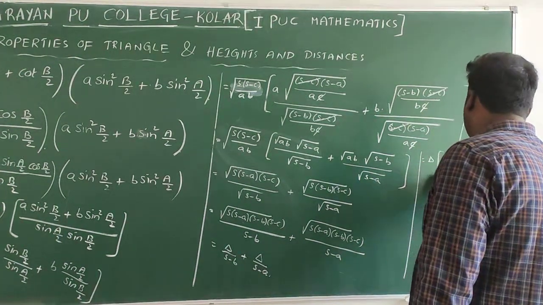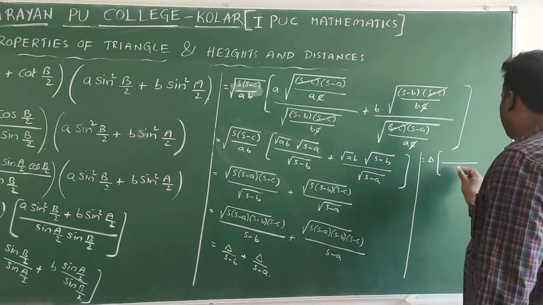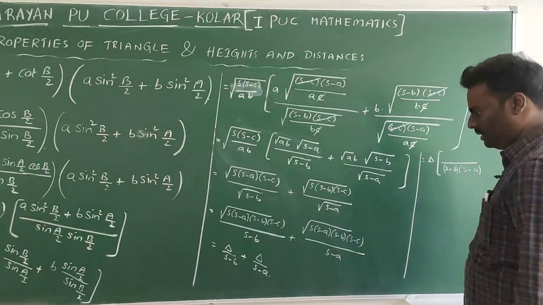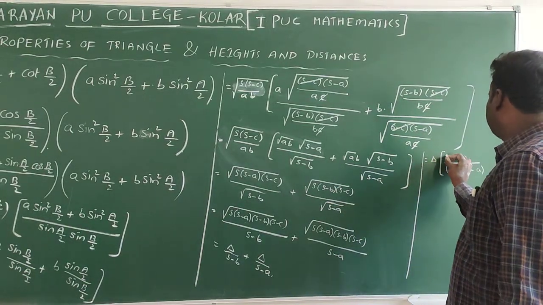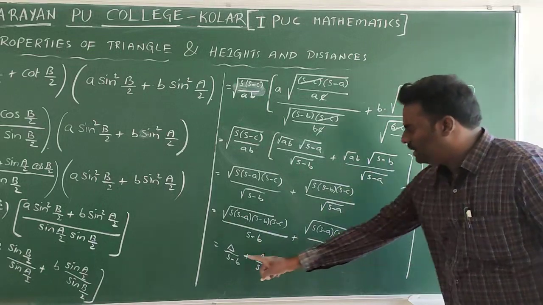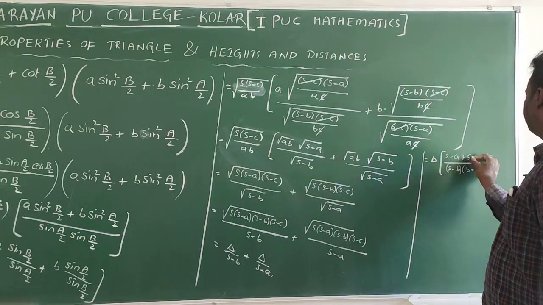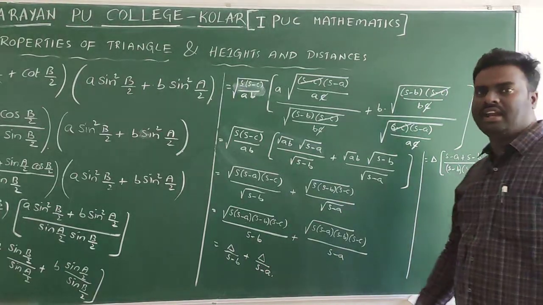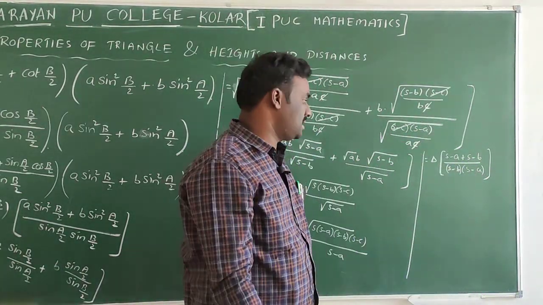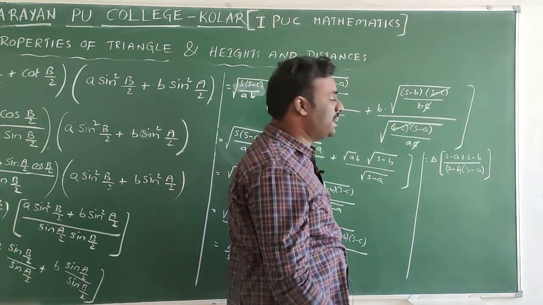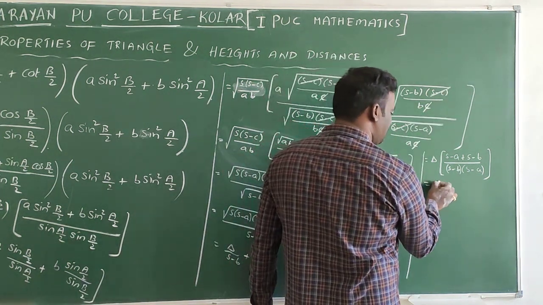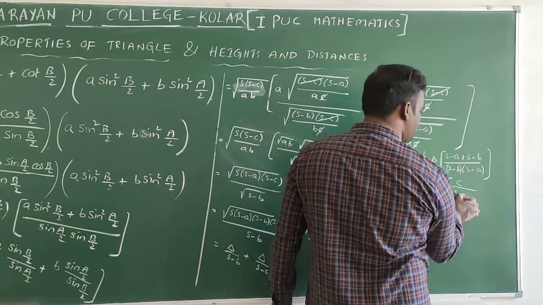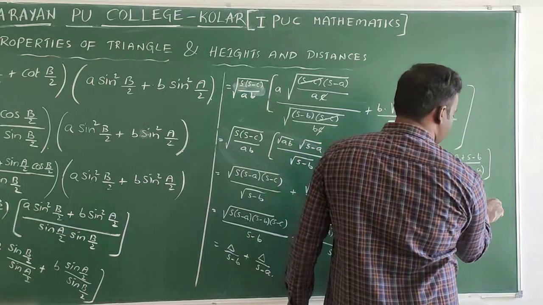If you take delta common, what is LCM? S minus b into s minus a. Now s minus a into 1 plus s minus b into 1. Here s plus s, 2s. 2s formula already we know, a plus b plus c. Now a cancels, b cancels, only c is remaining. Delta into c by s minus a into s minus b.